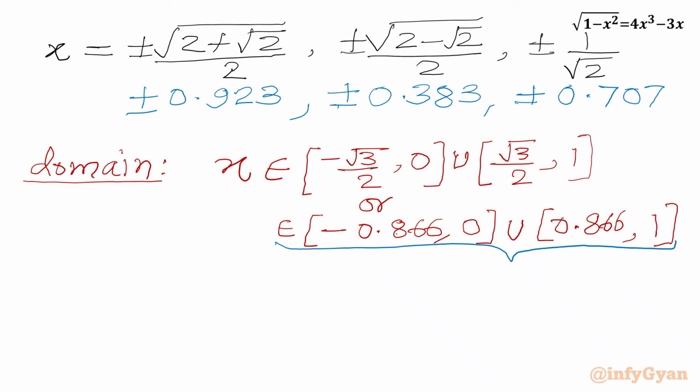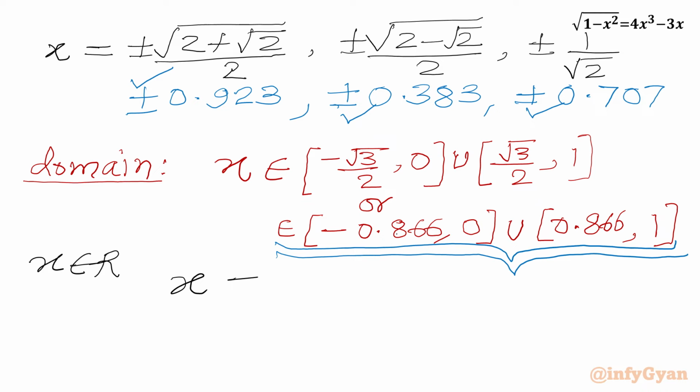And third value we can write plus minus 0.707 approximately. Now as per our domain, if we check, we are going to accept plus sign over here, minus sign over here, and minus sign over here. The 3 remaining solutions are not as per our domain, meaning we will be getting complex solutions there. So if I write here x belongs to real numbers, then we have 3 solutions.